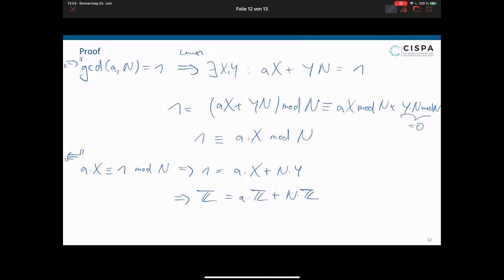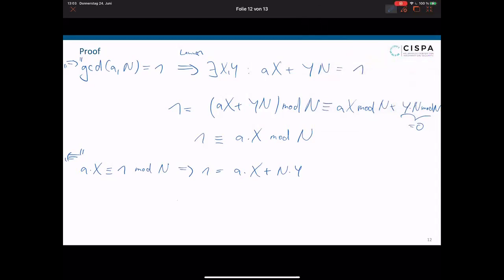What I want to say, do I even have to write this to conclude that the GCD must be 1? Yeah, exactly. So, no, I don't need this second line here.